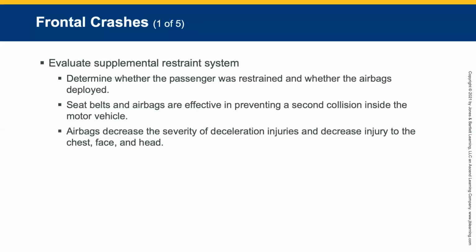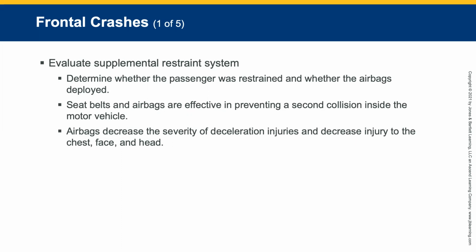Frontal crashes, evaluate the supplemental restraint system, determine whether the passenger was restrained by a full and properly applied three-point restraint. Determine whether the airbag was deployed. Seat belts and airbags are effective in preventing a second collision inside the motor vehicle.